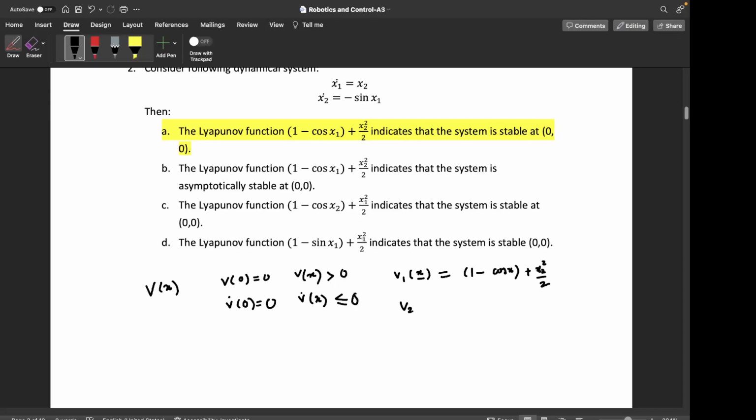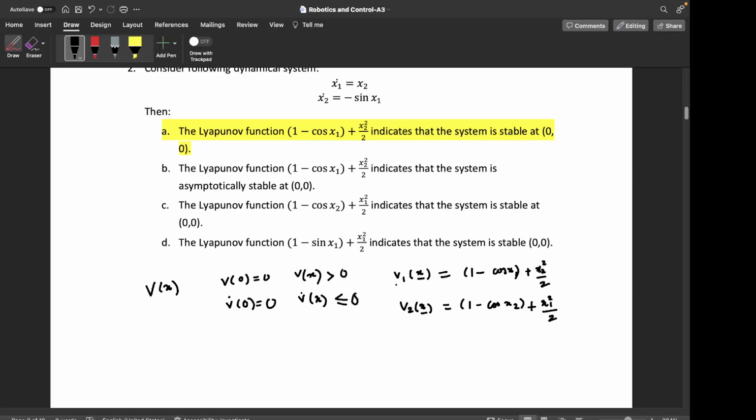And the other function that's given is 1 minus cos, here is x1 and here is x2, plus x1 square by 2, right?